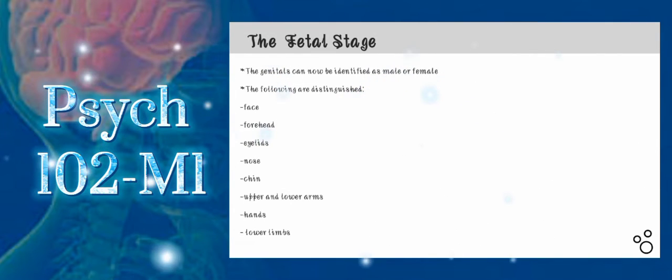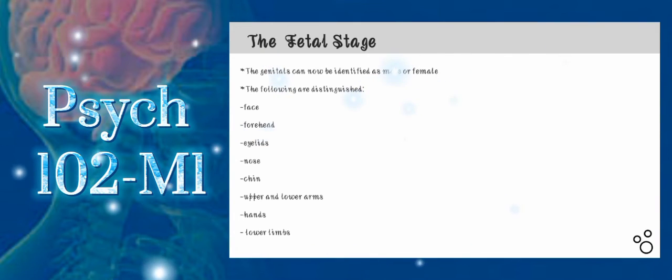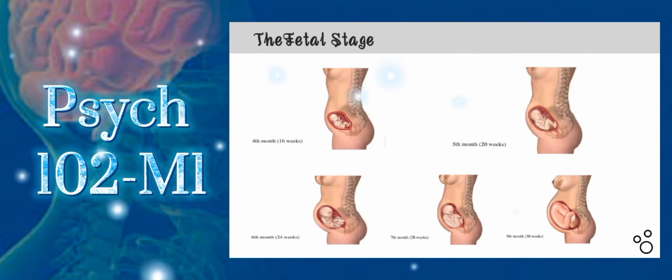The genitals can now be identified as male or female. The following are distinguished: face, forehead, eyelids, nose, chin, upper and lower arms, hands, and lower limbs. So these are example pictures of the development during the fetal stage.